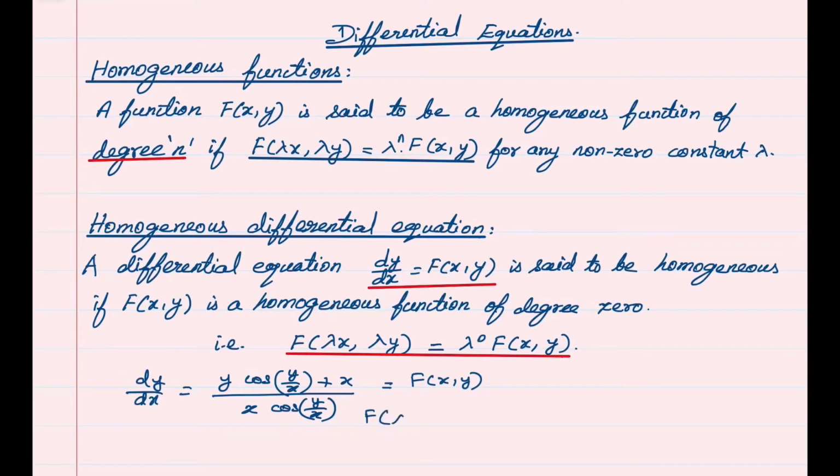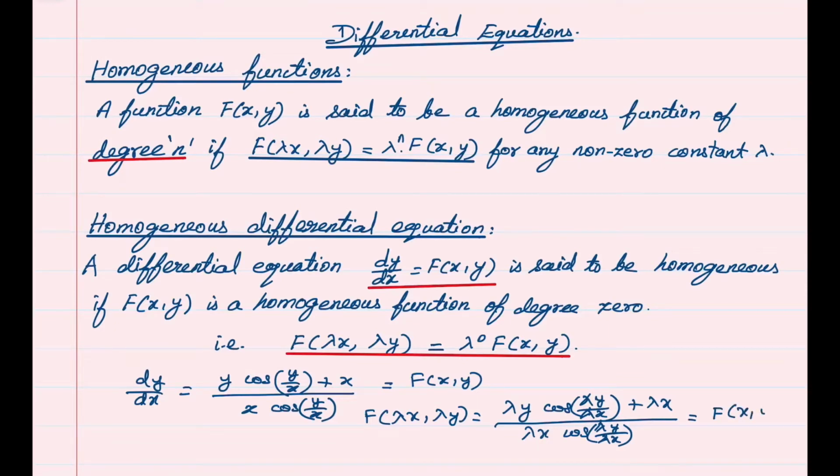We will find f of lambda x, lambda y: lambda y cos of lambda y upon lambda x plus lambda x, divided by lambda x times cos of lambda y by lambda x. We can take lambda out and we can cancel. We get the given function dy by dx, which is f of x, y. Therefore, this is a homogeneous differential equation because f of x, y is a homogeneous function of degree 0.